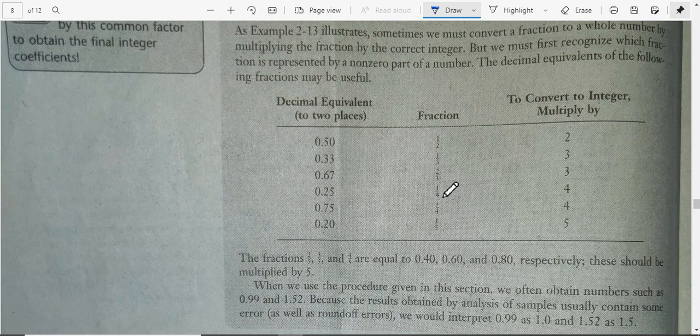Then 0.20 is 1/5. So if you get 1/2 or 0.50, your conversion factor is 2, then 3 for thirds. So look at the denominator, then 4 and 4, then 5. Base it on that.